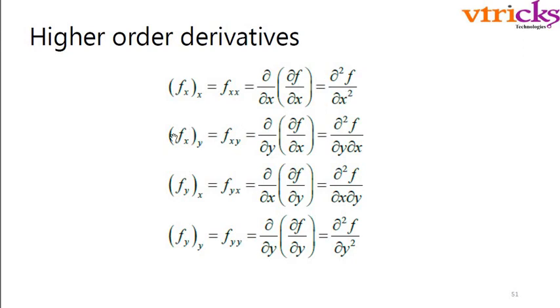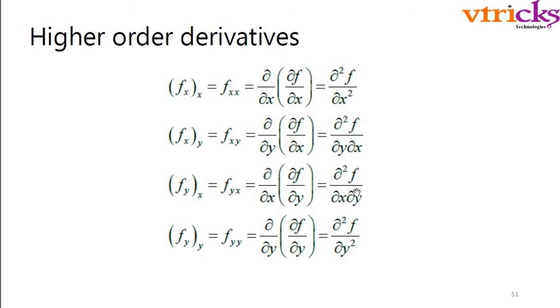Similarly, I can differentiate ∂f/∂x with respect to y, that is ∂/∂y of ∂f/∂x. We write it as ∂²f/∂y∂x. ∂f/∂y differentiated again with respect to x becomes ∂/∂x of ∂f/∂y, so it is ∂²f/∂x∂y. Note that these two may not be the same.